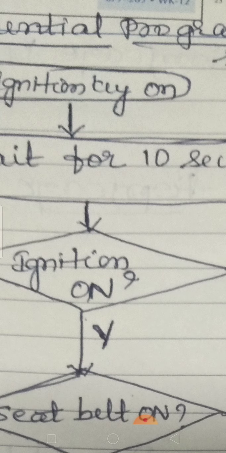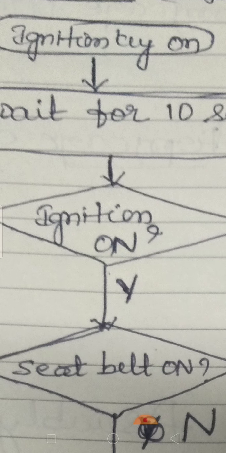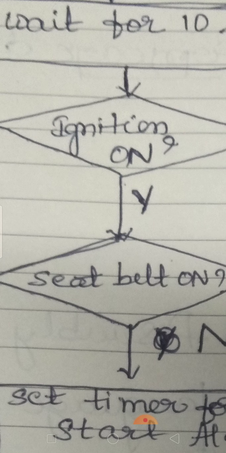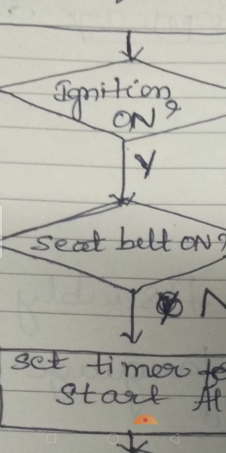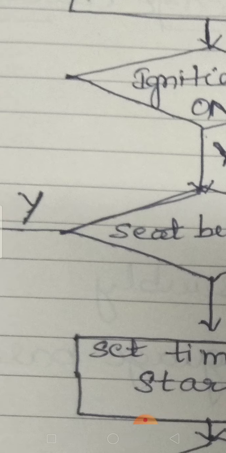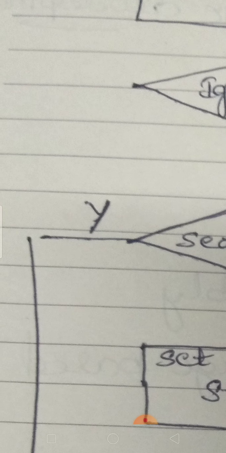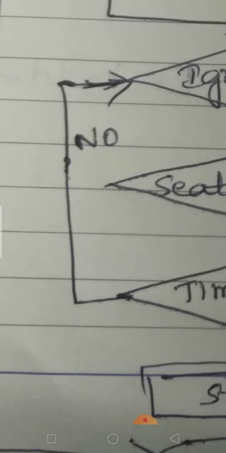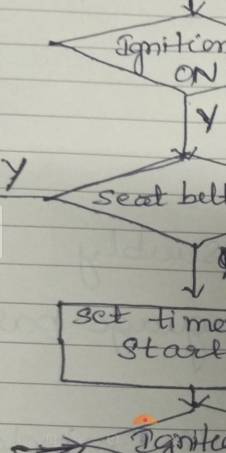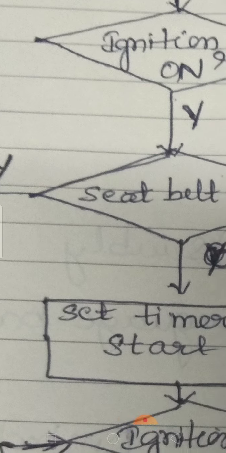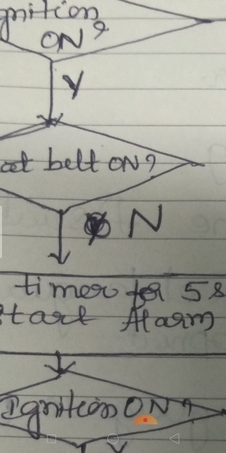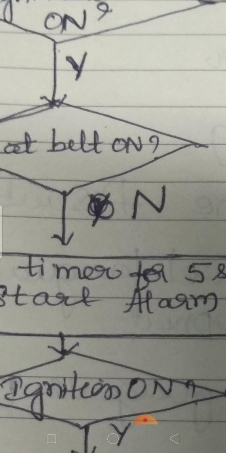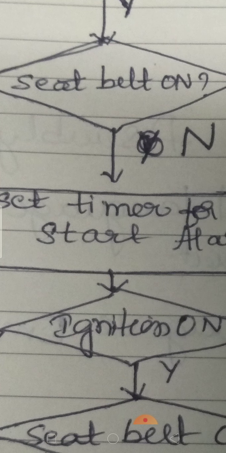After waiting, check ignition is on. Yes. Below that, check for one more option, seat belt is on. No. Seat belt is on. Yes. Then come to end. This is an end for seat belt is on. If seat belt is not on, no, then set a timer for 5 seconds.